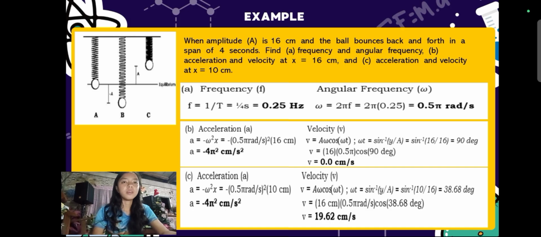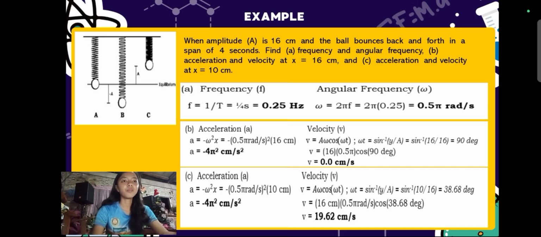So we have our frequency as 1 over how many seconds, which is 4. So 1 over 4 is equal to 0.25 hertz. Why hertz? Based on the explanation I said earlier, frequency should be represented in hertz.